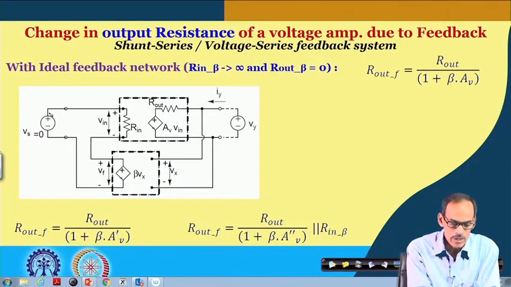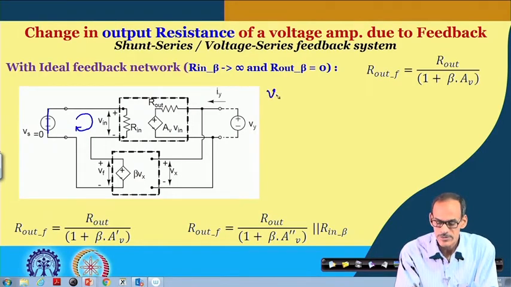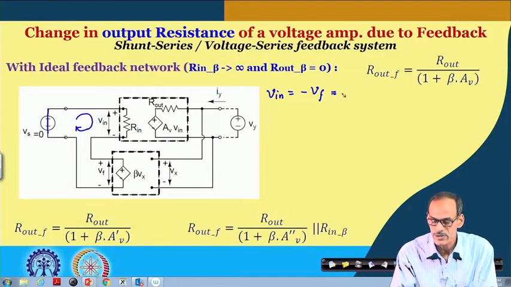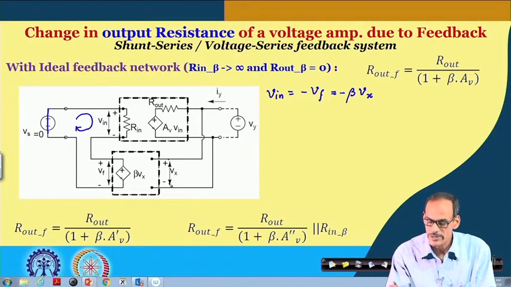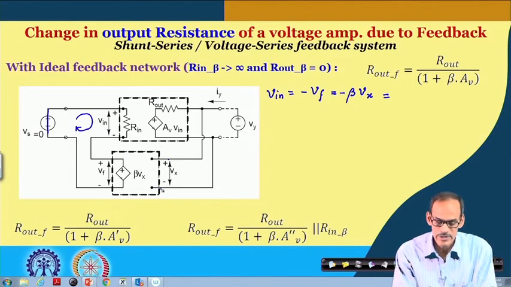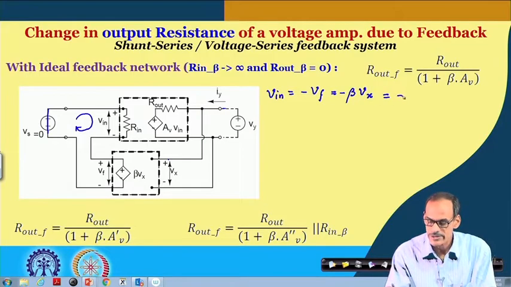If I consider this input short, then applying KCL in this mixer, V_in, the input voltage of the amplifier, is minus V_f. But V_f is the same as beta into V_x. V_x is the voltage appearing at the input port of the feedback circuit, and the moment we connect V_y here, V_x is the same as V_y.